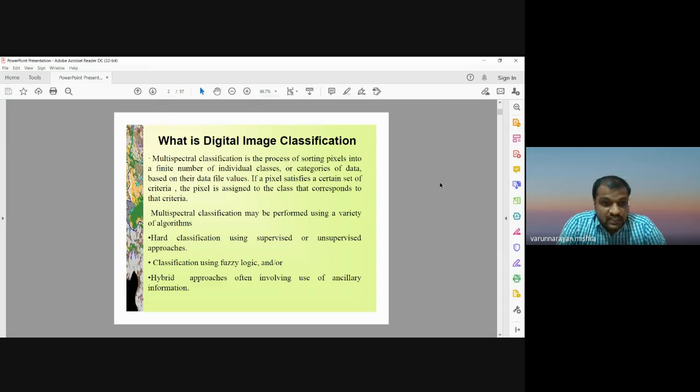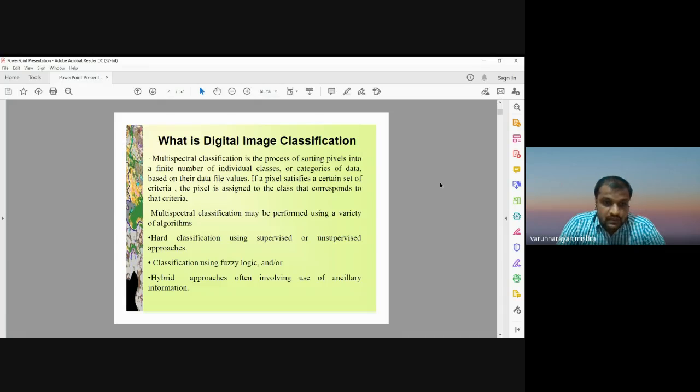Multispectral classification may be performed using a variety of algorithms. Different classification algorithms are available, and we can use any of them to classify our satellite images to get information about the urban area, built up, water bodies, fallow land, forest, agriculture, anything.